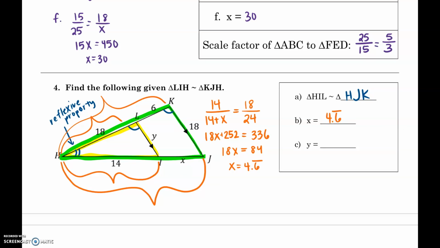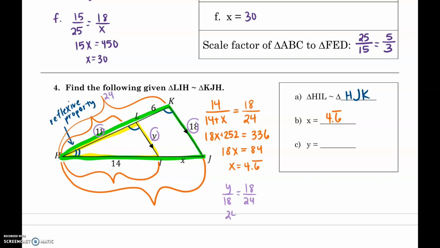And then to solve for y, I'm going to have to set up another proportion, right? So here I have y over 18, and then again equals 18 over 24.